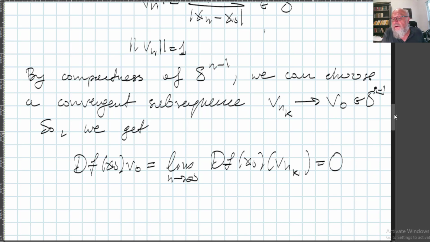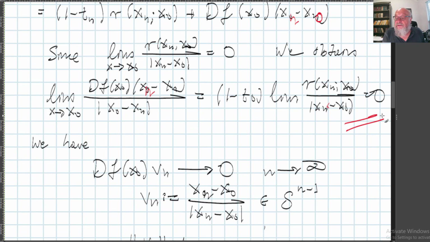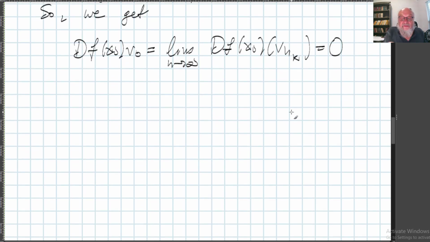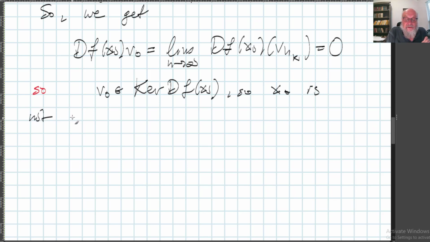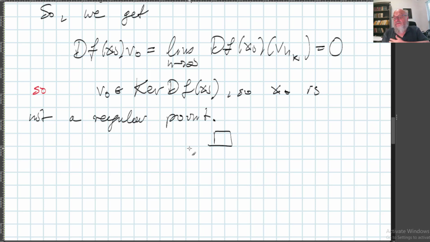And that implies v0 belongs to the kernel of df of x naught, and that is a contradiction, because if the kernel is non-trivial, then it cannot be surjective by the rank theorem. So x naught is not a regular point. So we got this statement. It's not a regular point.